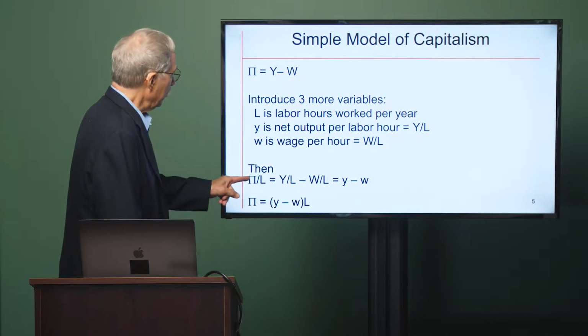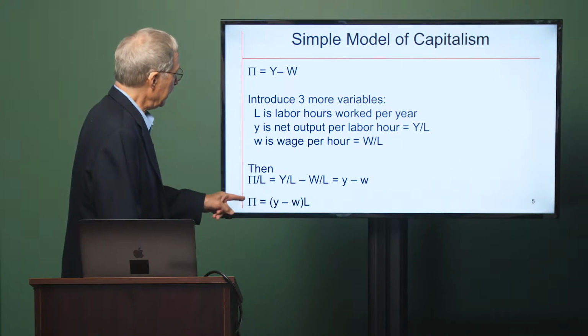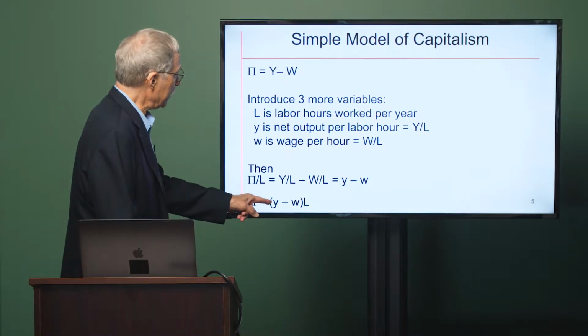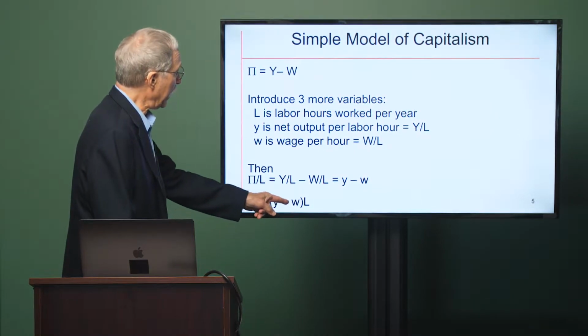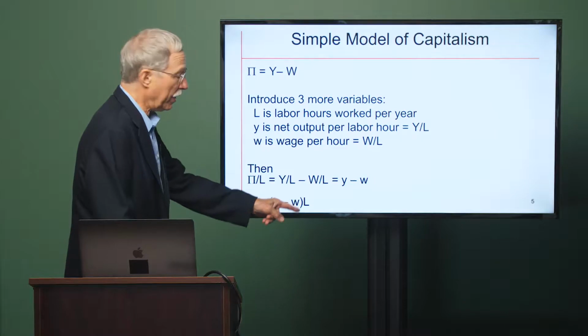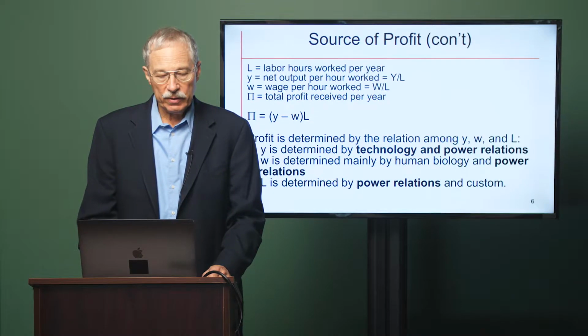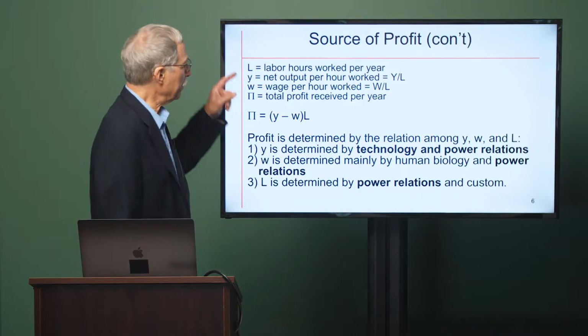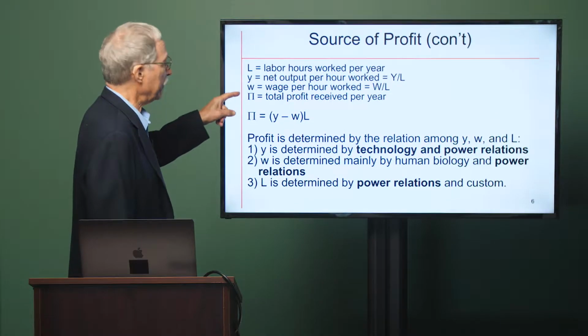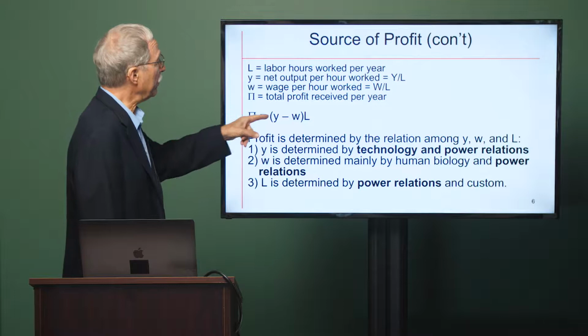Or multiplying both sides by the labor, the total profit is equal to the difference between net output and wages times the labor hours worked. So, reproducing, these are the definitions of the variables. This is the final result.